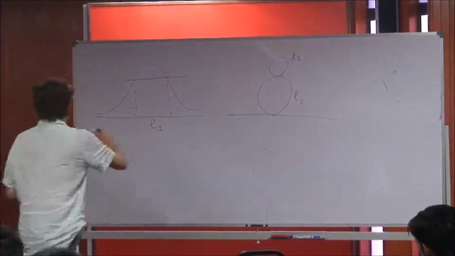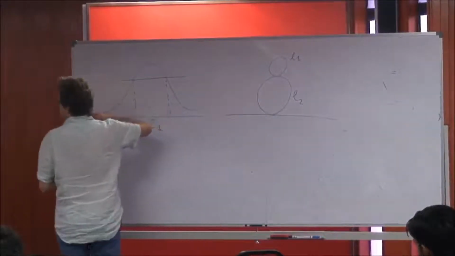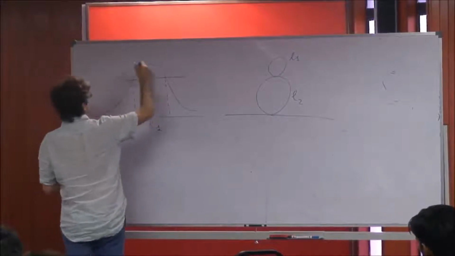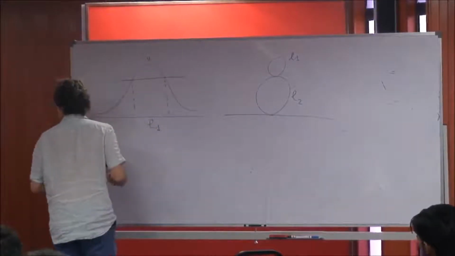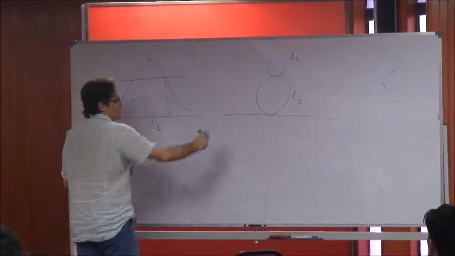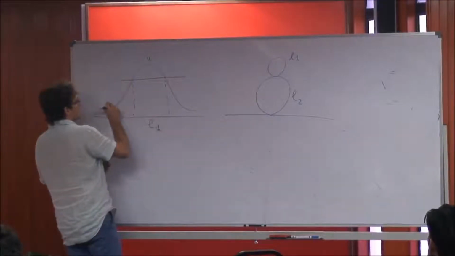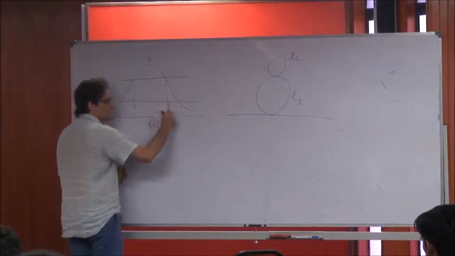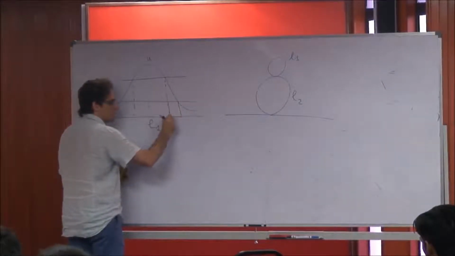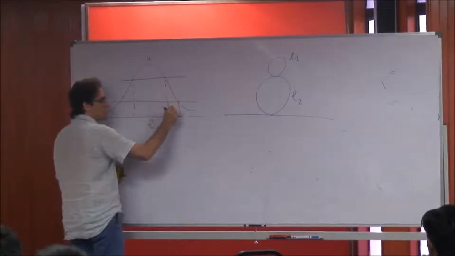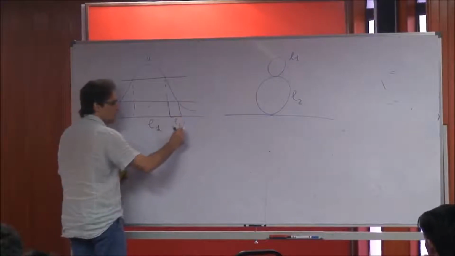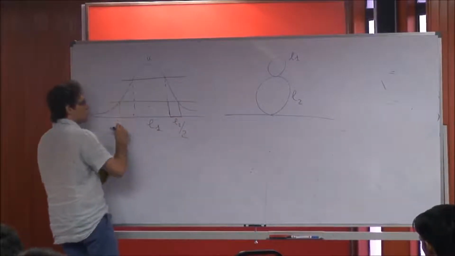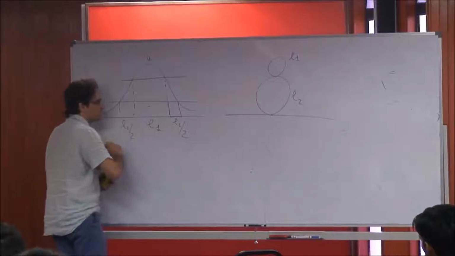Okay, and I call this part U. Second, one can cut the soliton at another height such that this part here, from the previous cut to the new cut, is L2 halves, and here too, L2 halves.